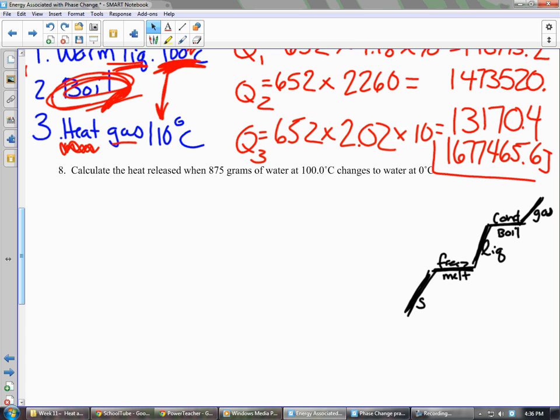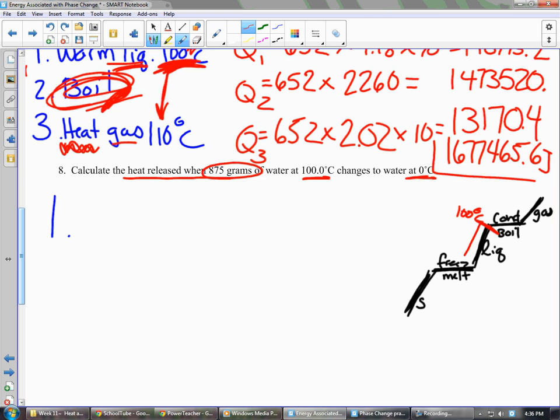So, in your head, because this one's a little bit challenging, calculate the heat released when 875 grams of water at 100 degrees changes to water at 0 degrees. So, hopefully you figured out by now, there is just one cue. You are liquid water at 100 degrees Celsius, and all they want you to do is cool down to liquid water at 0 degrees Celsius.